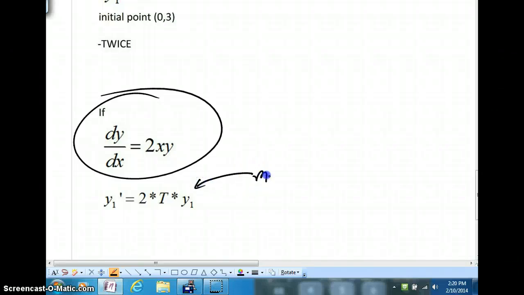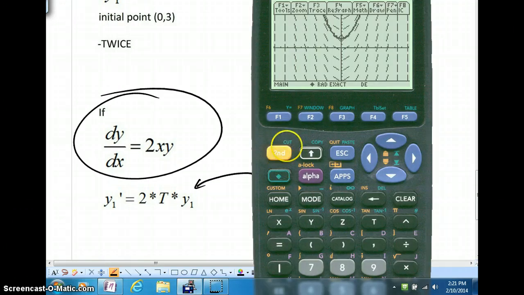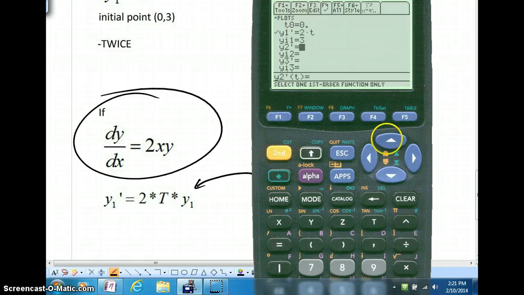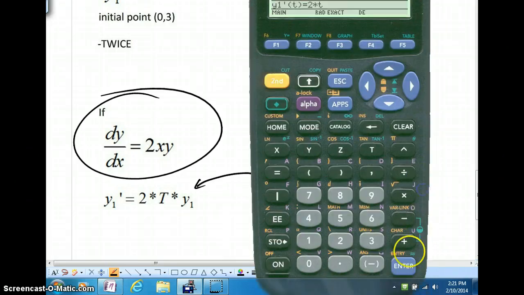This must be y1. Naturally, kids are going to say, how do you get y1? Let's do that real quickly. It's not that difficult. All you got to do is type in 2t, hit enter, go all the way to the right, say times y, and then you just put a 1 right after it. So that's a little strange to see.